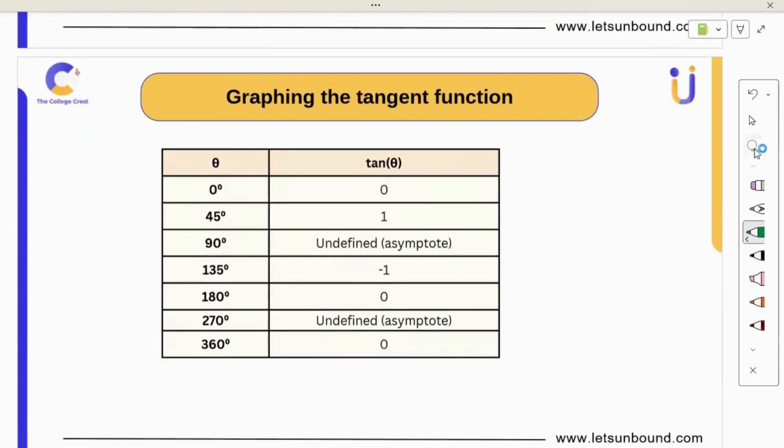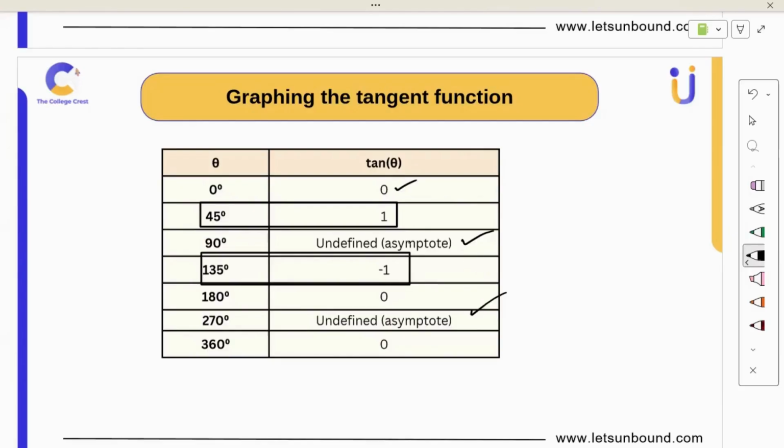For graphing the tangent function, you need some key points. Like for sine and cos, we did 0, 30, 60, 45, 90, many key points. Here, we are taking 45 and the multiples of 45, because tan 45 is 1. Then tan of 180 minus 45, which is 135, is negative 1. At 90 and 270, it's undefined, and there will be an asymptote, a discontinuity.